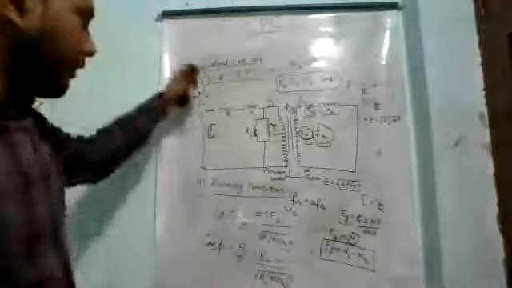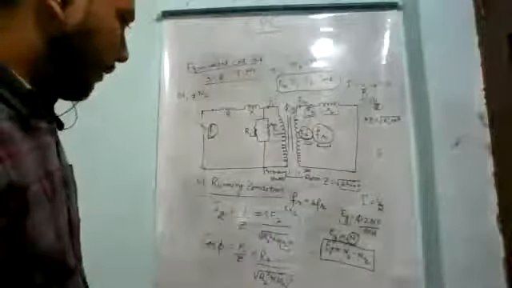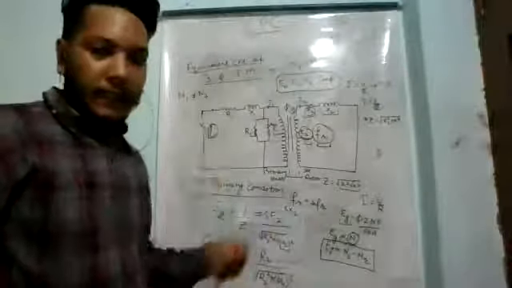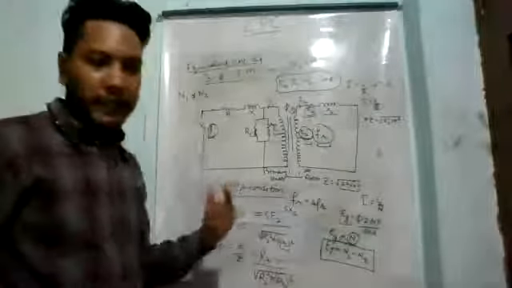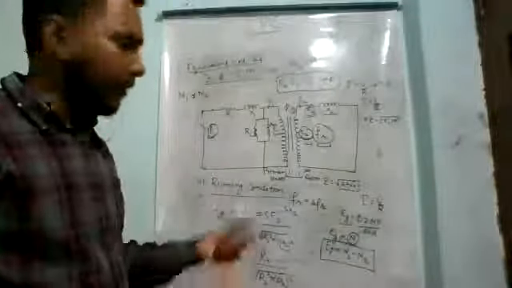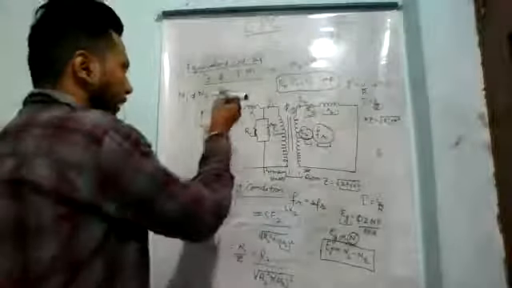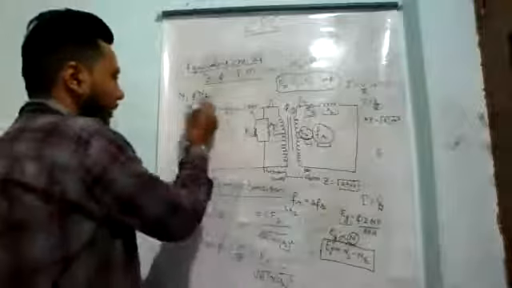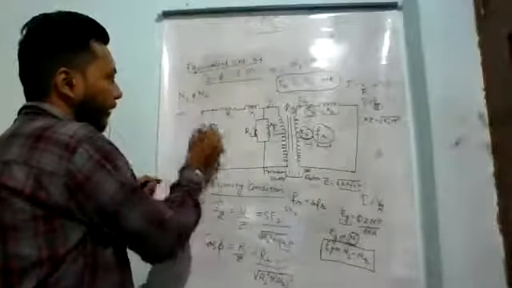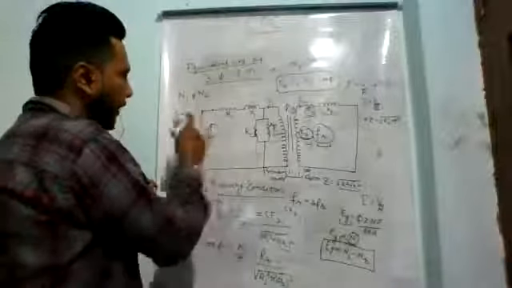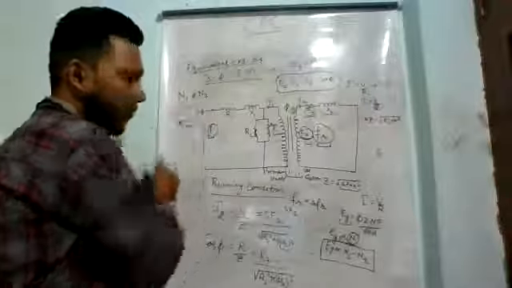This is all about the running condition. Only at running condition does the slip exist. At standstill condition, the slip is 1, and at running condition, the slip takes its running value.